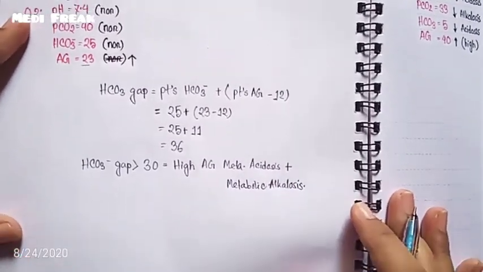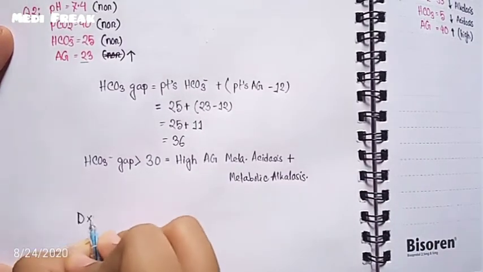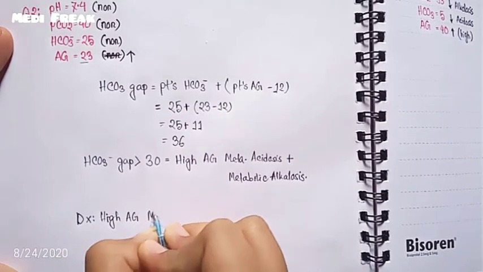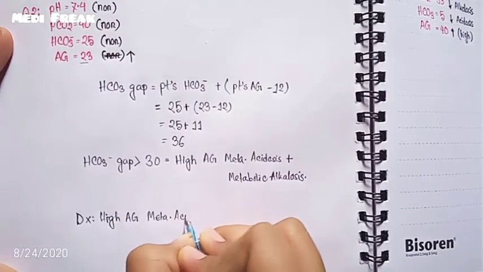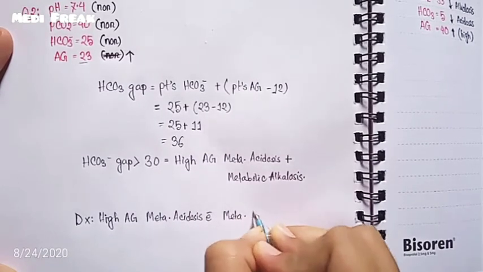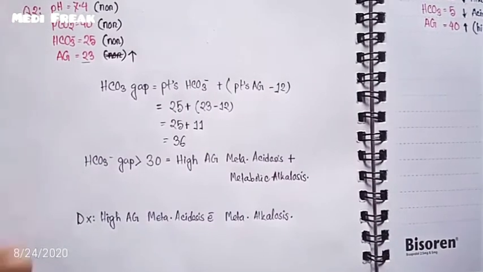So here all the parameters are normal except anion gap. So our final dx is high anion gap metabolic acidosis with metabolic alkalosis. Okay, this is our final dx.